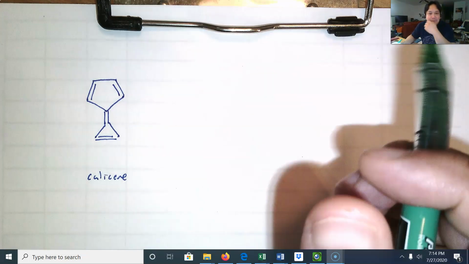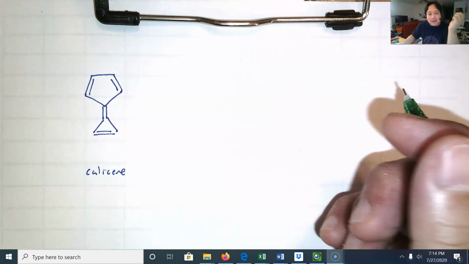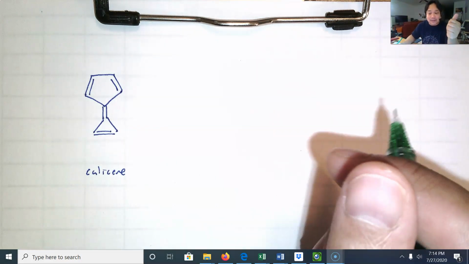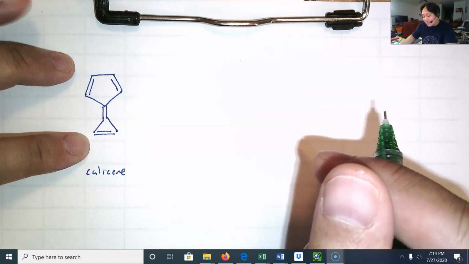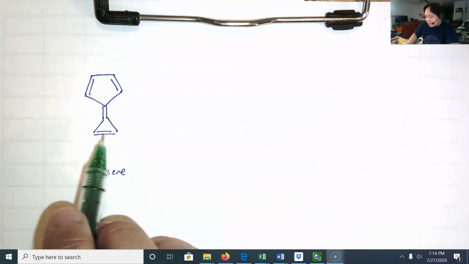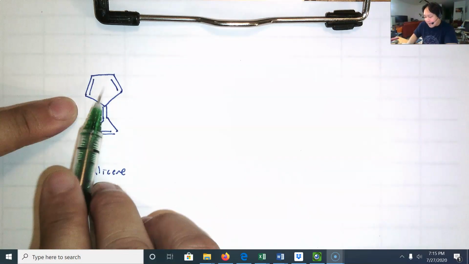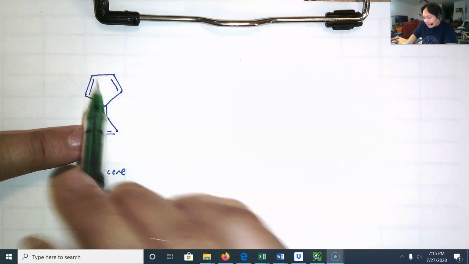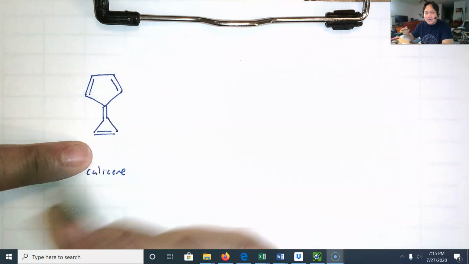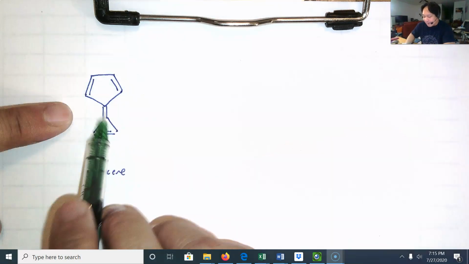My question is, what resonance structure is the predominant one? Think about it. We are talking about aromaticity. So maybe we should double check if these rings are aromatic or not. Well, this ring up here, the 5-membered ring, yeah, everything's sp2, but this is a little bit tricky because we have this double bond right here.